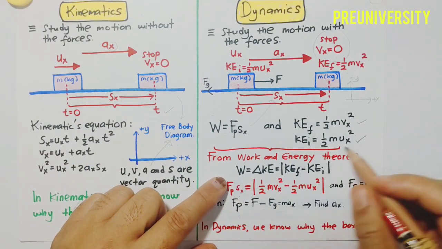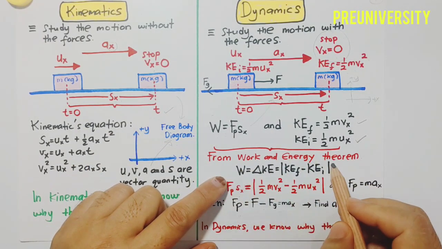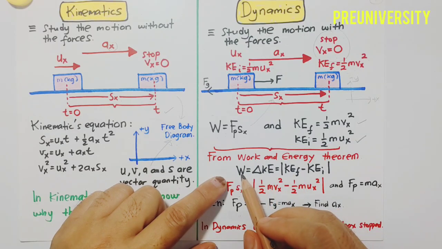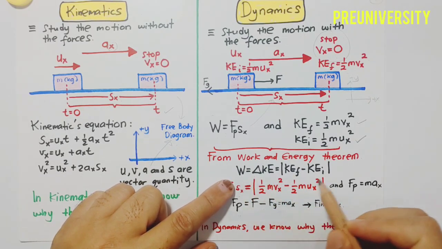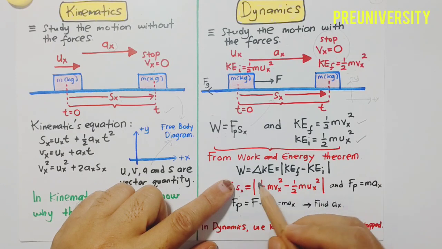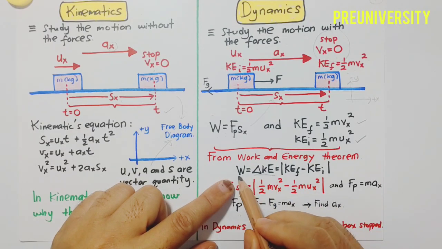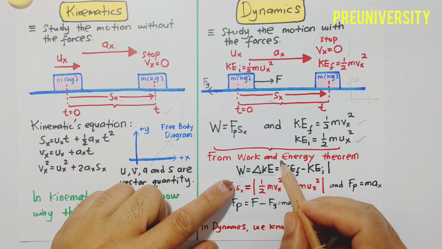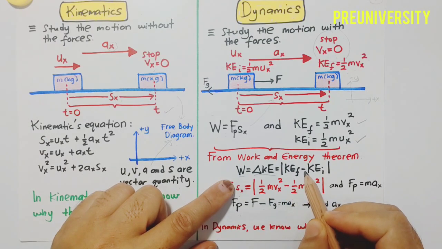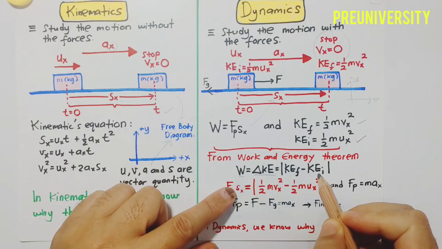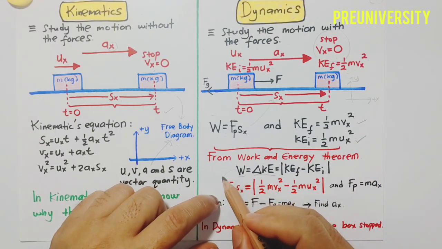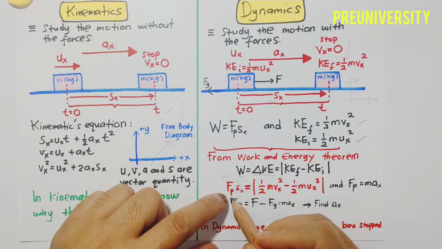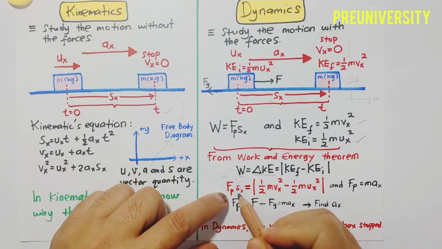And then we apply the work-energy theorem. In this case, work is related to the change in kinetic energy: the final kinetic energy minus the initial kinetic energy. So work, the resultant force times the displacement sx, equals half m vx squared minus half m ux squared.